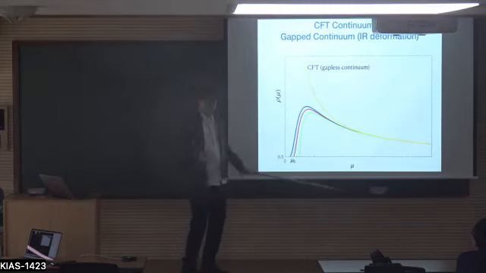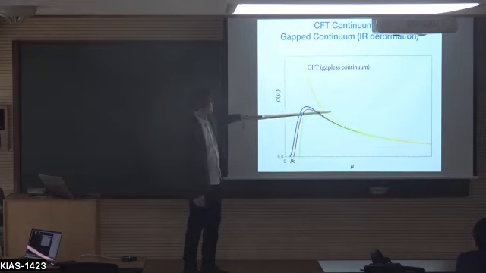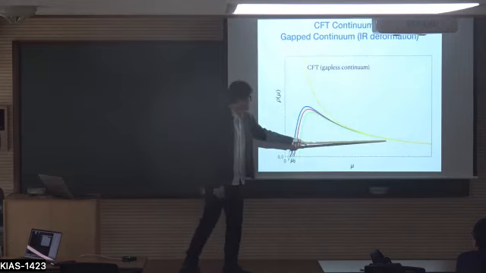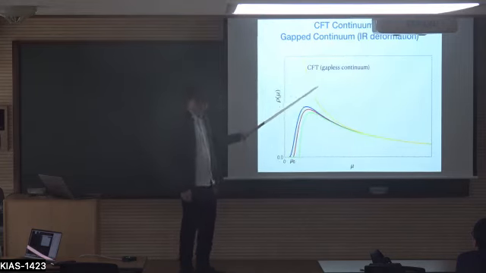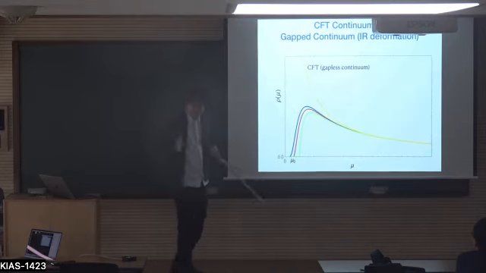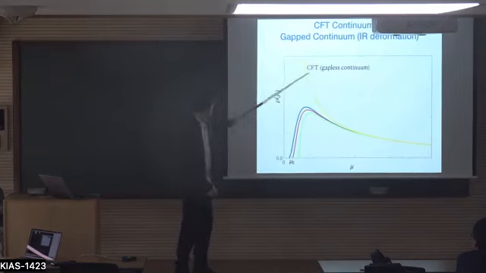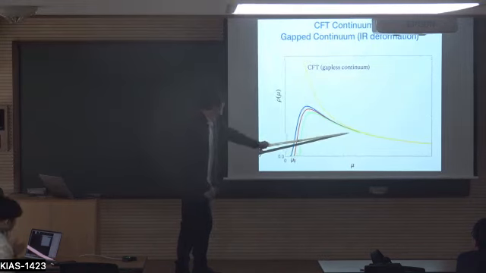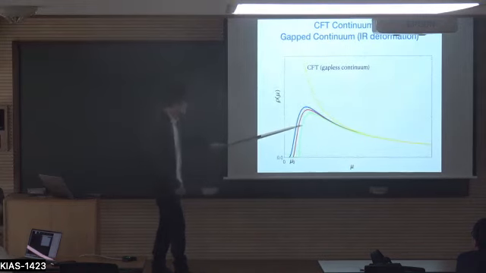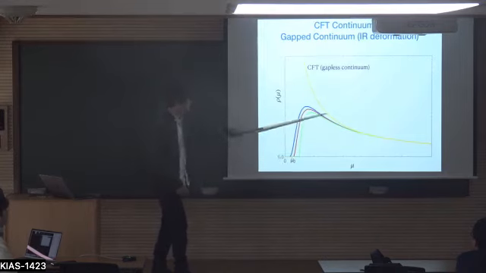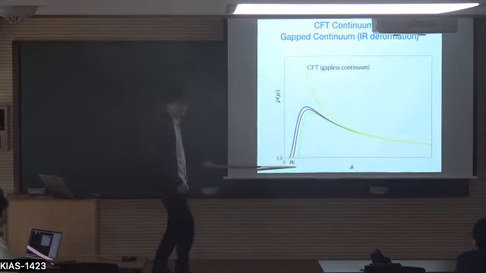If you want to think about CFT, you have the usual gapless CFT continuum. But what we are trying to do is deform the IR of the CFT. We do the model building such that instead of going to the gapless region, the continuum spectral density is modified such that it goes to zero at the mass gap.